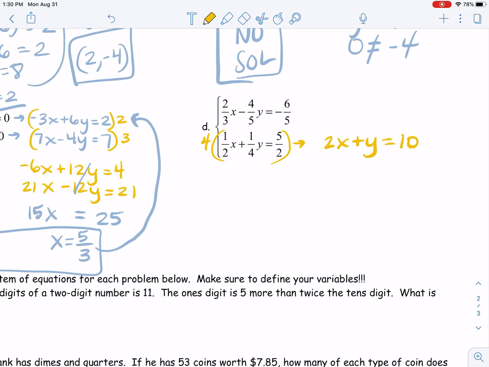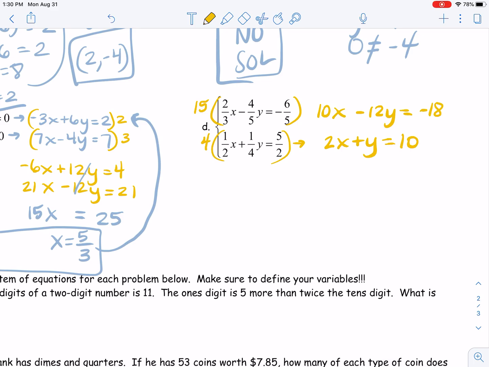In my top one, I can't multiply by 5, but I can multiply by 15. If I do that, that would be 10x minus 12y equals negative 18. Hopefully I did my math there correctly.